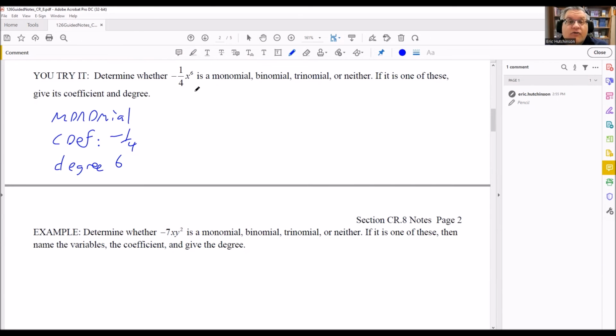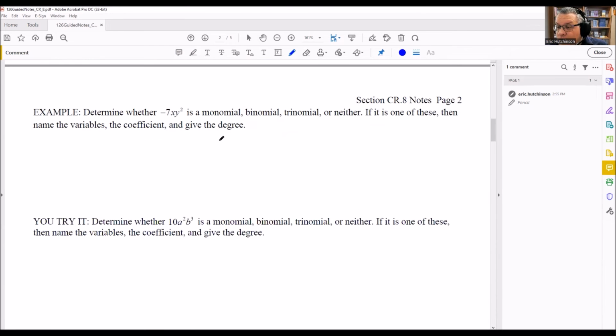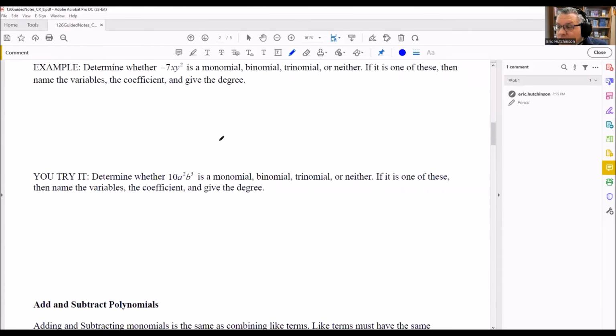Now, the ones we've done so far only have one variable in it, but let's do these here. Now, these have two variables that are in it. So this is only going to come into play when we want to find the degree. Okay, but first, we notice that the powers on the x, that would be a one power that's there.